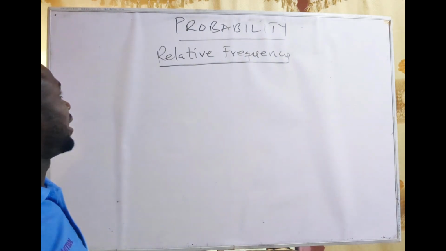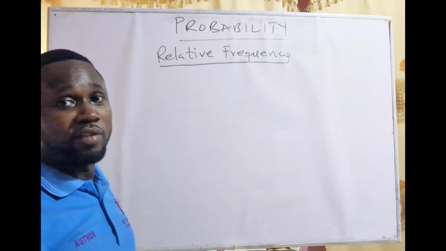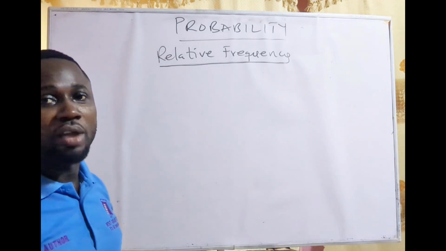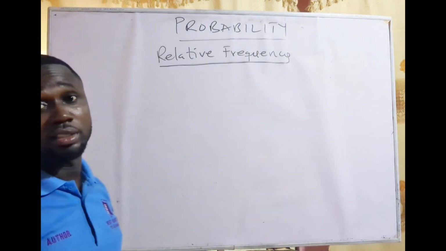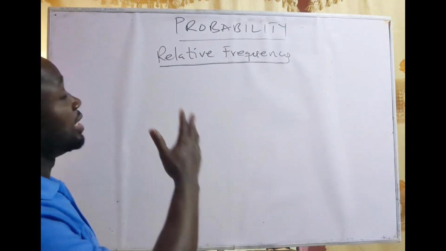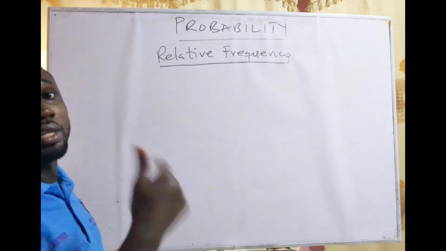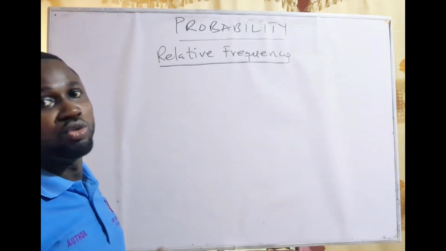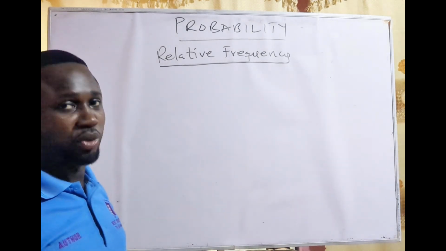Under relative frequency, you'll be given a frequency table, whereby you find the frequency of the event that may be asked in the question. So you look at the event and then you look at the frequency of that event, and then you divide by the total frequency.